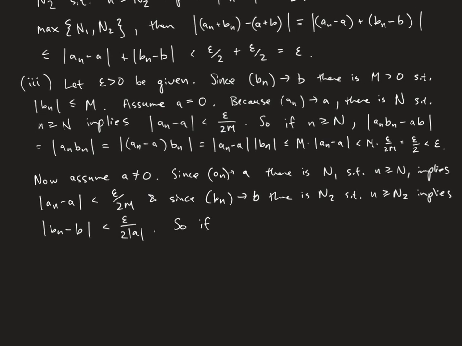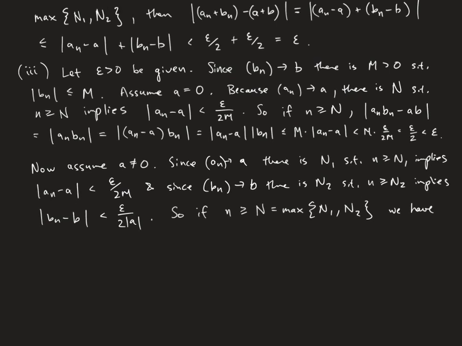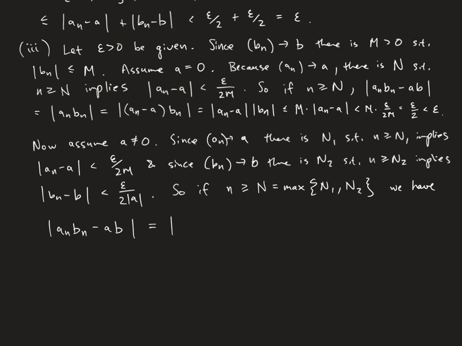So if little n is bigger than or equal to big N, which is defined to be the maximum of those two, N1 and N2, we have that the difference between a_n b_n and ab, remember, what we have to do is rewrite that a_n b_n - ab with some algebra.